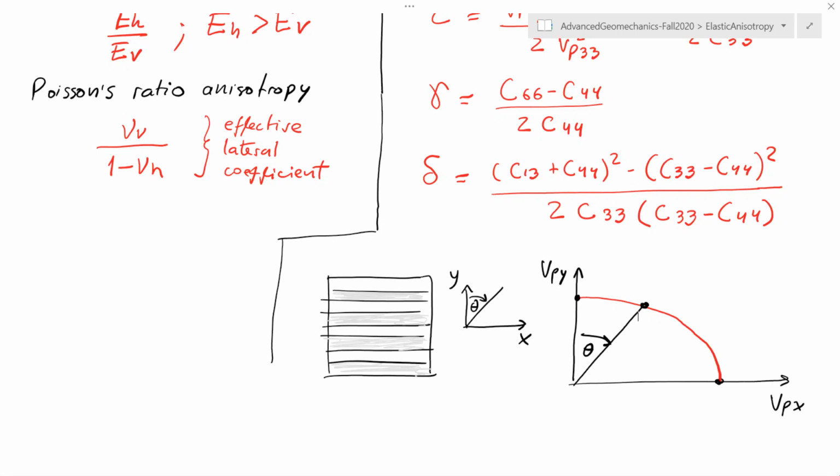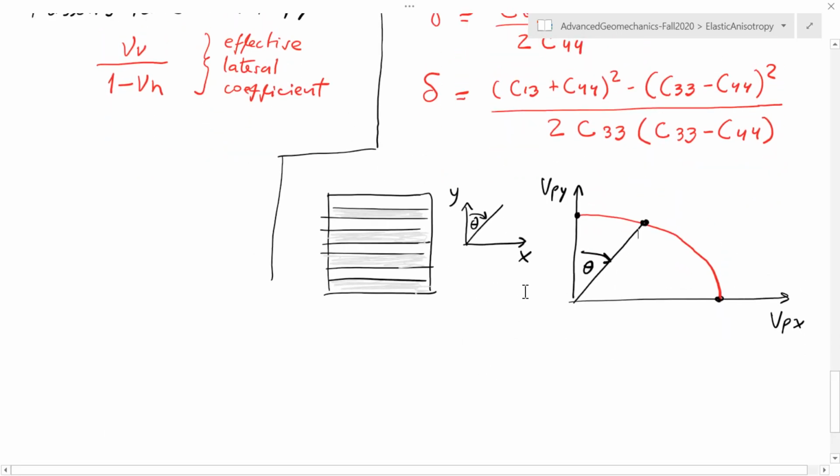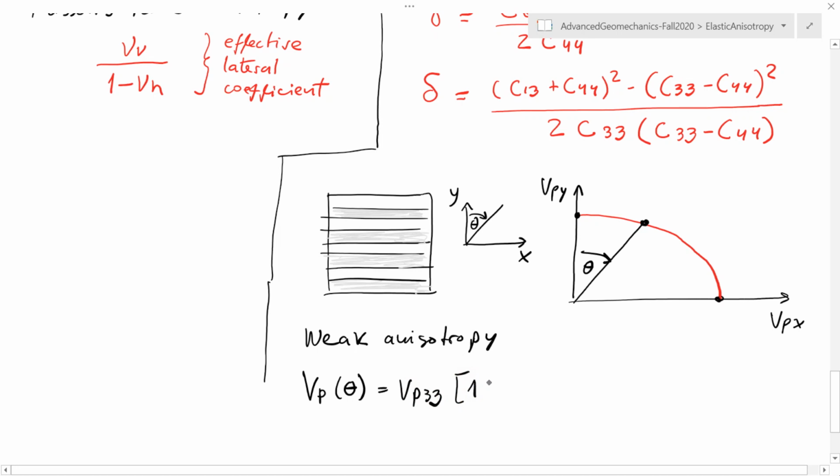According to weak anisotropy theory, combining the Thomson parameters, Vp at an angle theta is going to be Vp33 times a function of the Thomson coefficients and the angle theta.